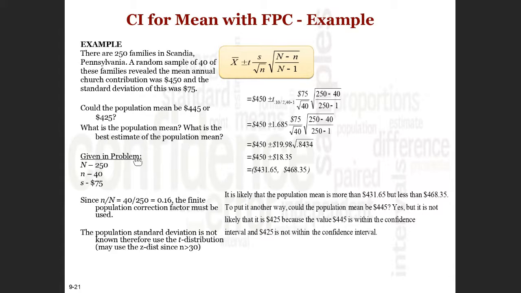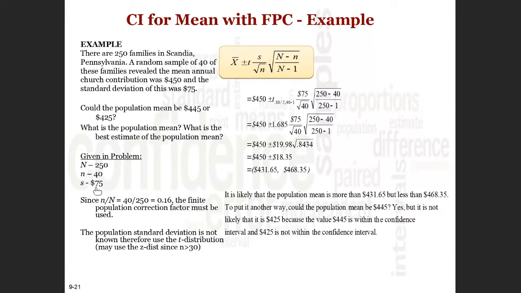So look at the problem. This is what you're given. This is your large N, 250, the total population. The random sample of 40, so small n is equal to 40.